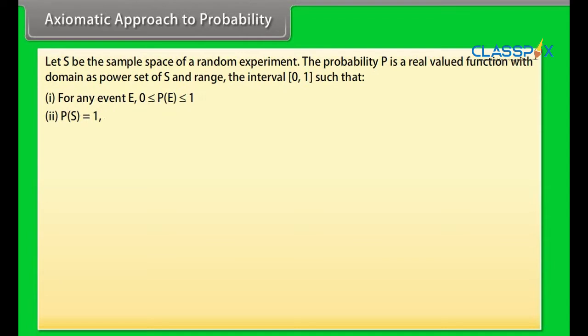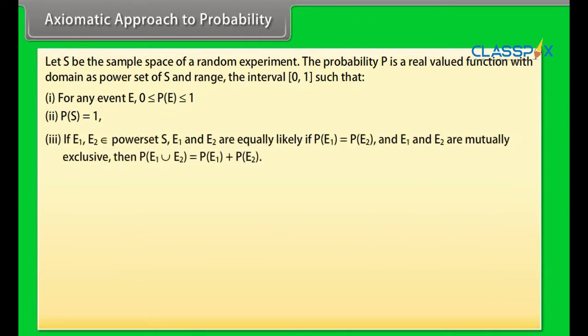And 3. If E1, E2 belong to power set of S, E1 and E2 are equally likely if P(E1) is equal to P(E2), and if E1 and E2 are mutually exclusive, then P(E1 union E2) is equal to P(E1) plus P(E2), where P(E) is called the probability of event E.